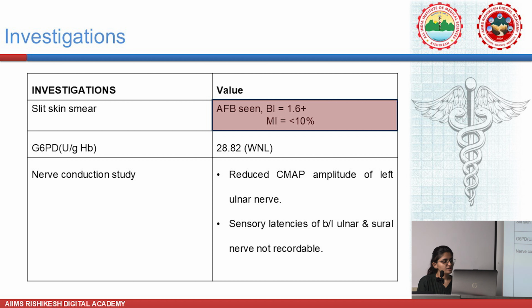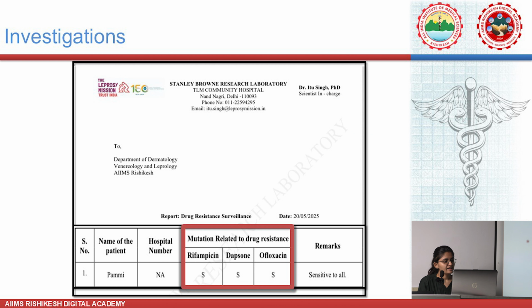The nerve conduction study was also done, which showed a reduced compound muscle action potential amplitude of the left ulnar nerve, and the sensory latencies of the bilateral ulnar and sural nerves were not recordable. Due to the recalcitrant nature of the disease, drug sensitivity testing was done, and the tissue sample was sent to the Stanley Browne Research Lab, in association with the Leprosy Mission Trust of India, and the report came out to be sensitive to rifampicin, dapsone, and ofloxacin.